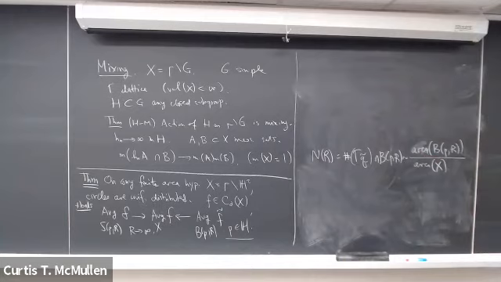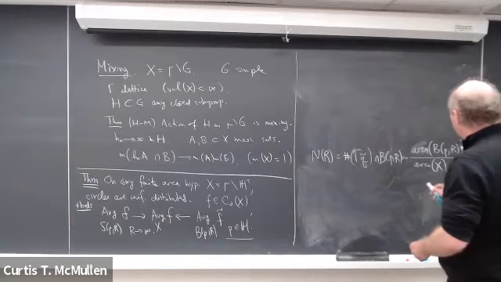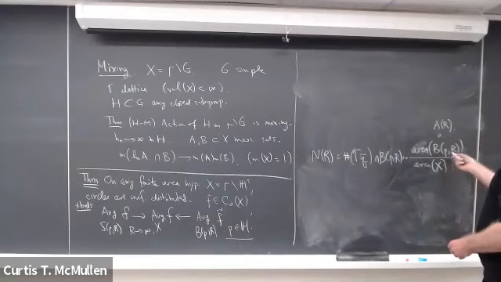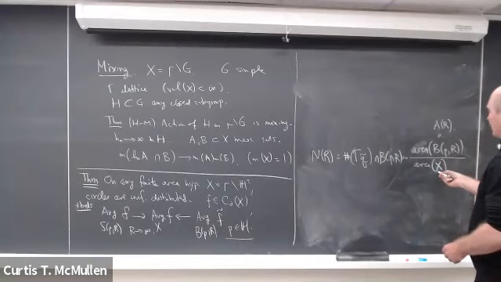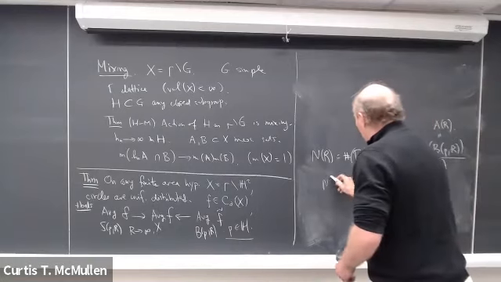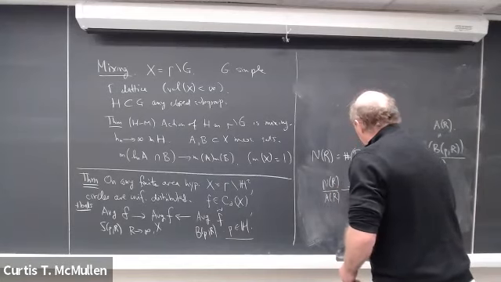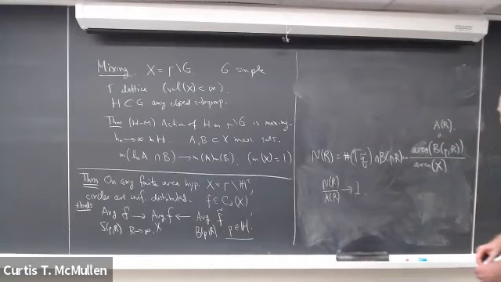And what that means is that if we call this function a of r, after all, it's just the area of this ball up to a constant, then n of r over a of r tends to 1. And this whole thing here is roughly of size e to the r.